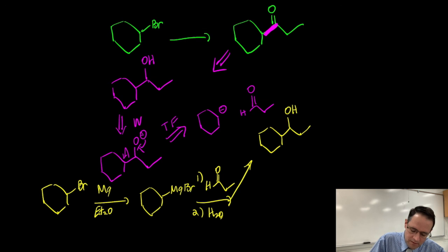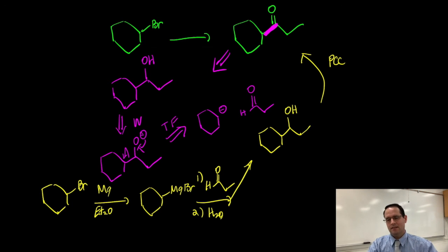This will make my alcohol. And then I can oxidize that using PCC or Jones to the corresponding ketone. So that's quite challenging. Let's see what else is in the back of the book here, and see if we can do some more problems.